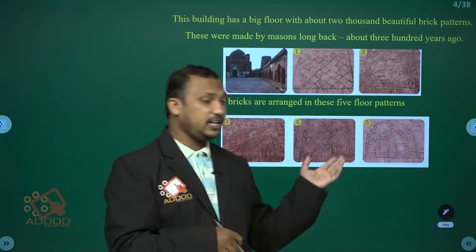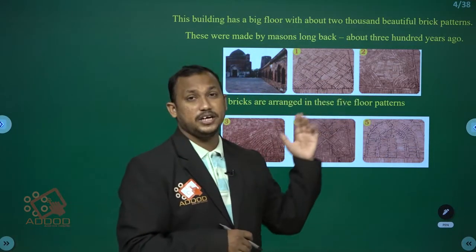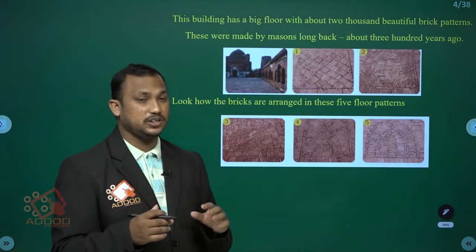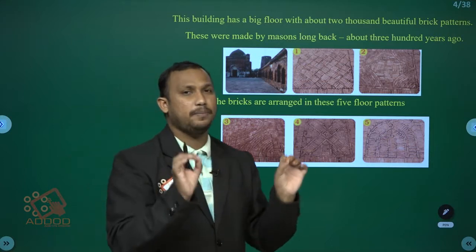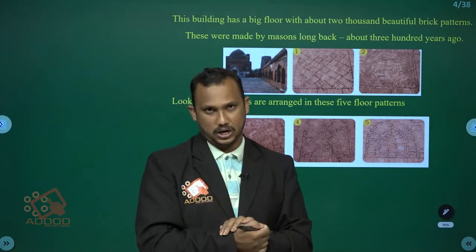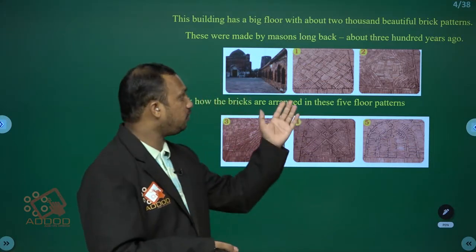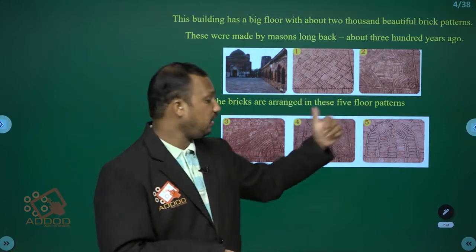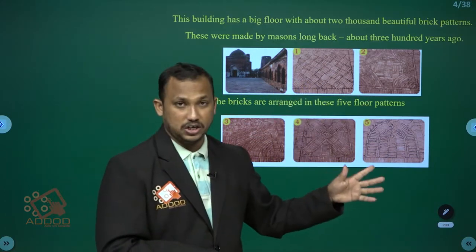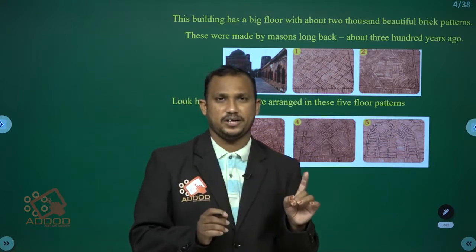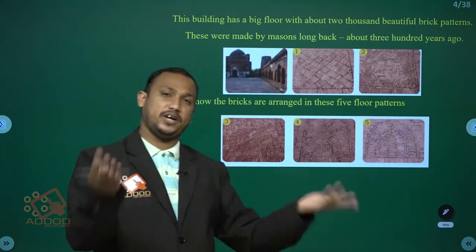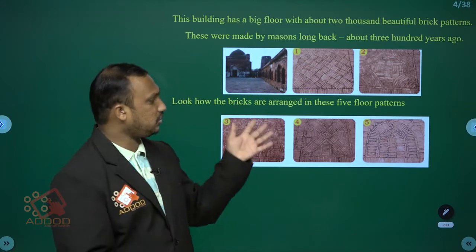Okay. If you see the 5 diagrams, you can observe how beautifully they arranged the bricks in patterns. See the first, second, third, fourth and fifth. If you see all 5, it is not the same anywhere. Different patterns for the different floors. 5 floors were there.